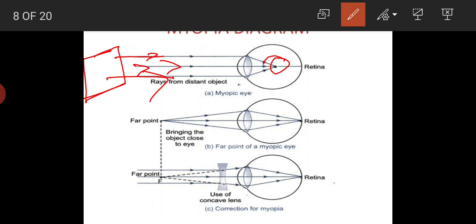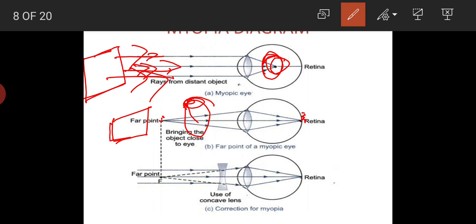Whereas if an object is present at the far point or before that point, the light rays coming from that object will meet exactly at the retina and you can see the objects clearly. Objects present beyond the far point you cannot see clearly, because the light rays coming from them will not meet on the retina, they will meet before the retina.